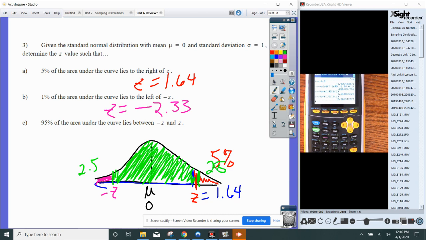So when we actually do this, we're going to have to use 0.025 in our inverse normal. That's going to give us the negative z-score, so negative 1.96. But then it's also going to be the positive of that because we split the 5% in half. So that would also be 1.96.